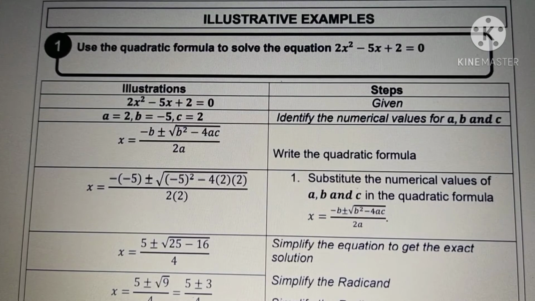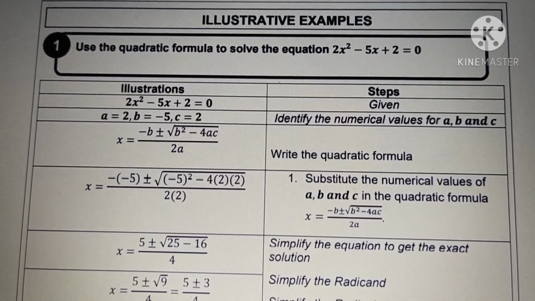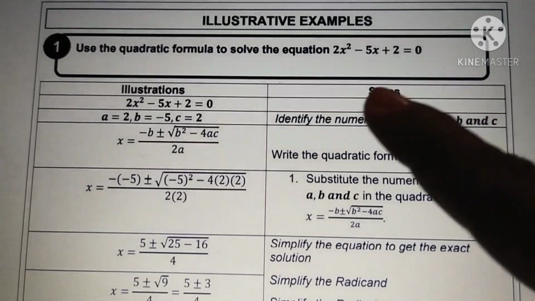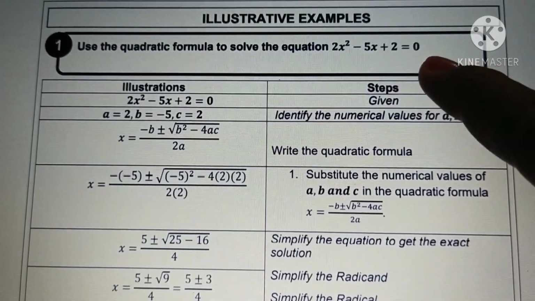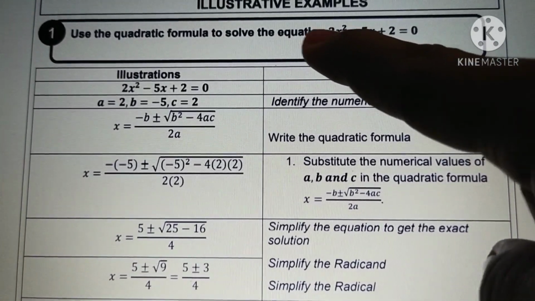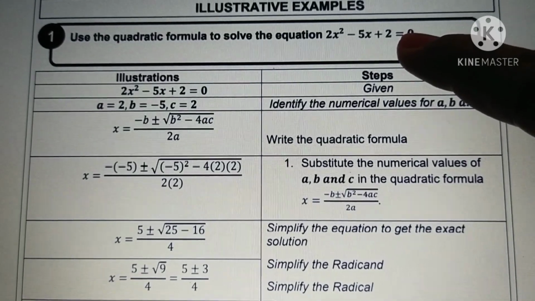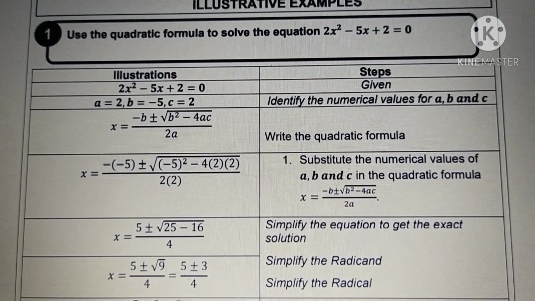For the illustrative example, you're going to use the quadratic formula to solve the equation 2x squared minus 5x plus 2 equals 0. Since the equation is already written in standard form, you can now identify the values of a, b, and c.